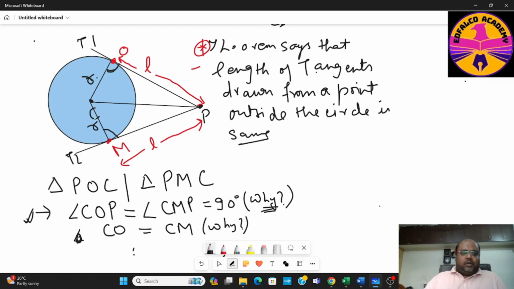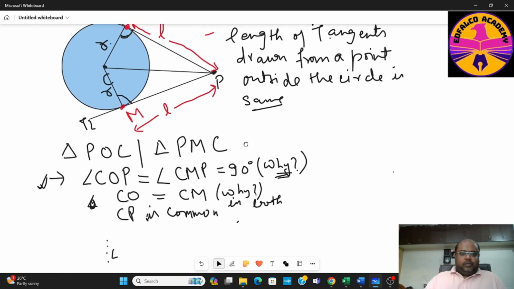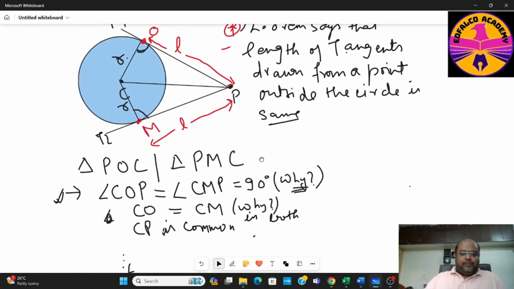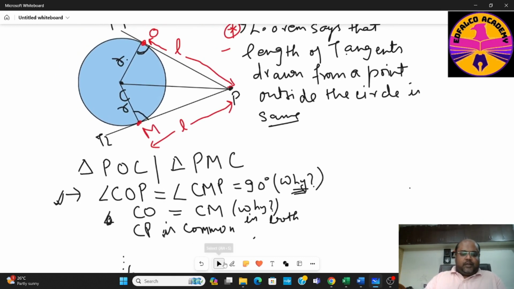Now coming to the third one, which is CP. CP is common in both, right? So that means this side is also same for these two triangles.